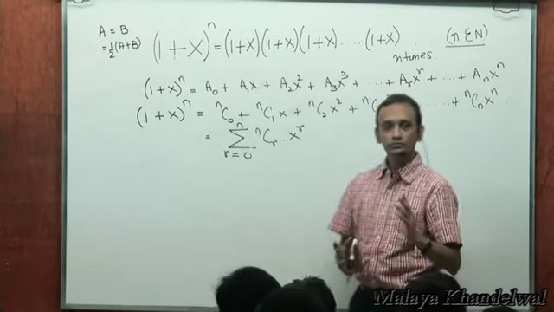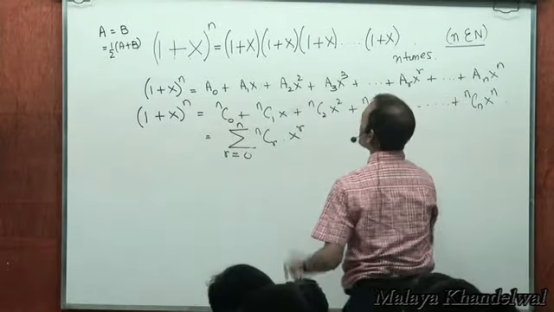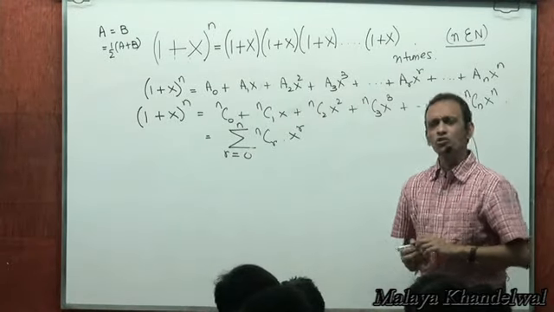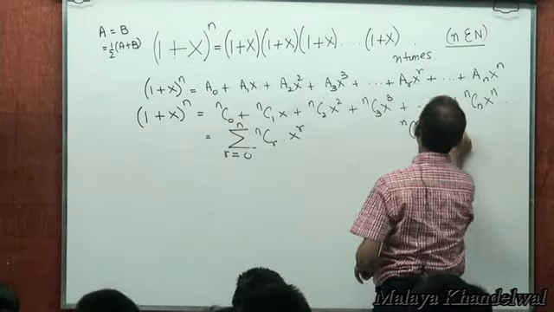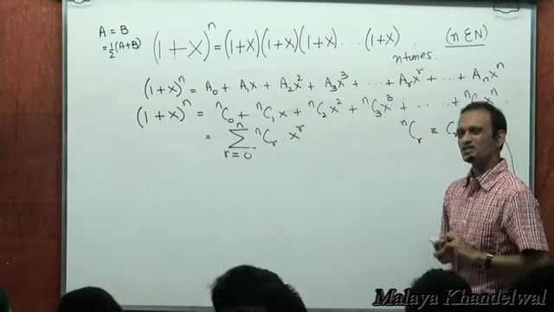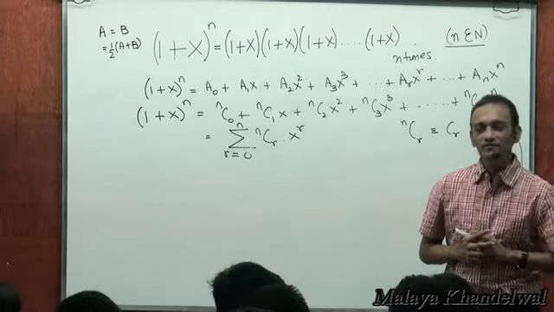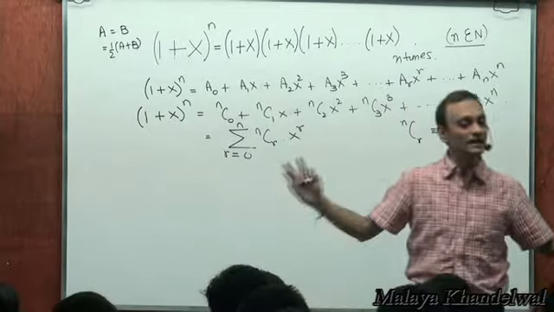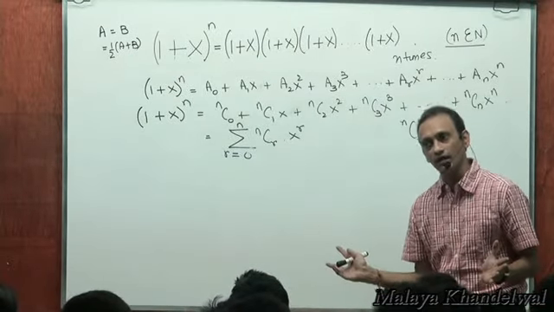Okay, makes sense. It's also customary to write this NCR as simply CR, just to save time, space, energy and resource. CR would mean it's actually NCR.